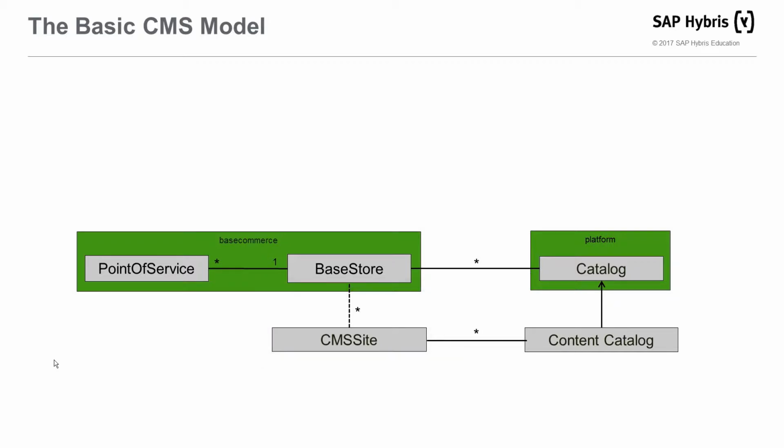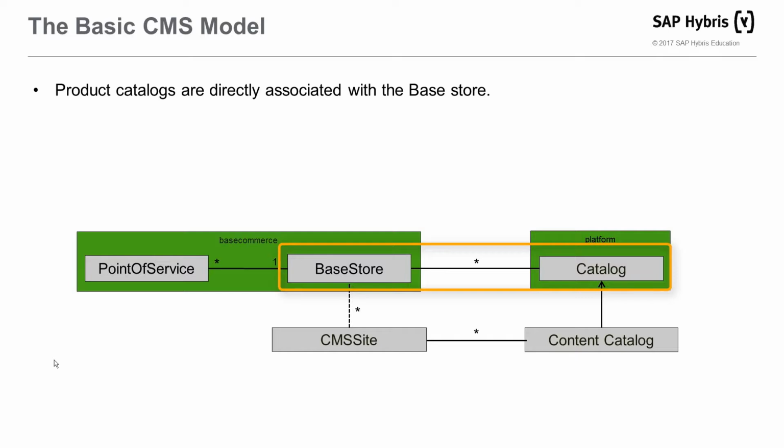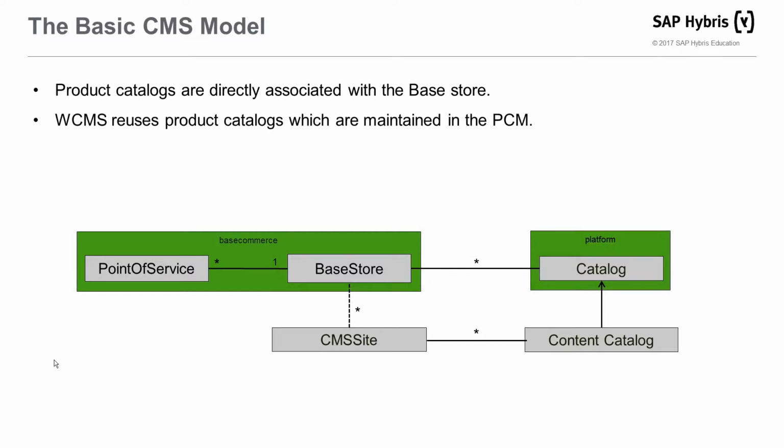For instance, there could be a number of microsites that sell the same products under different brands. Or a base store could have just one website that sells products from several product catalogs. It is important to understand that product catalogs are directly associated with the base store and are managed through the product cockpit.